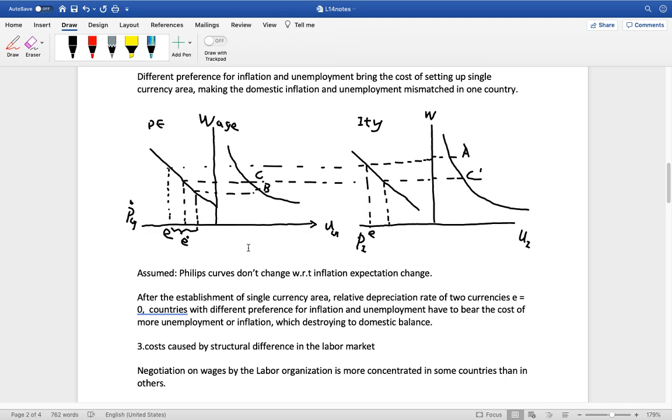So this is the equilibrium. If Italy has a higher domestic inflation rate, only through the devaluation of Italy's lira can the competitiveness of Italian products remain unchanged.